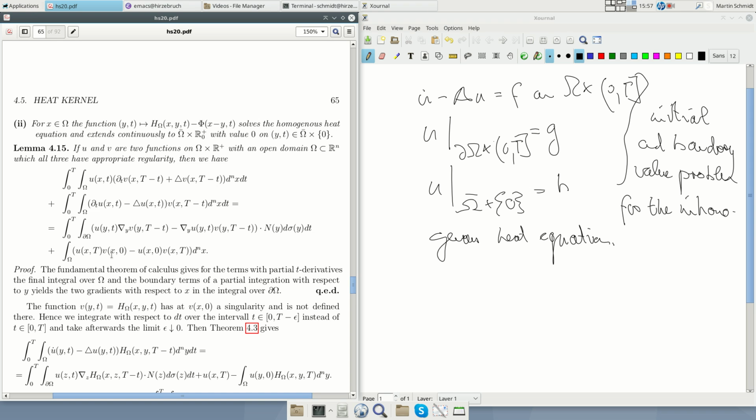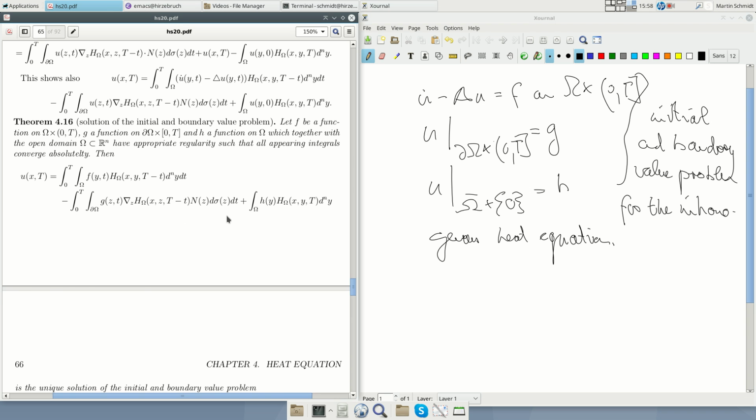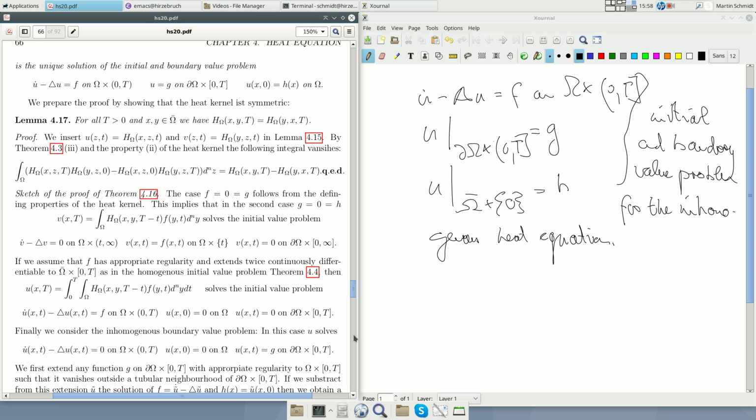So this has a singularity if x is equal to y, so we should set this x to y. So we get this heat kernel. And here, this has a singularity if the x, which we then call z, is equal to x. Okay, and in this way, we get these two expressions which vanish, and so the difference vanishes, so they are equal, and we have shown the symmetry.